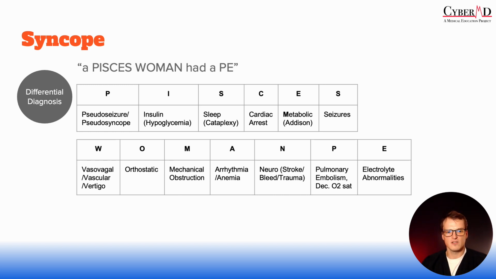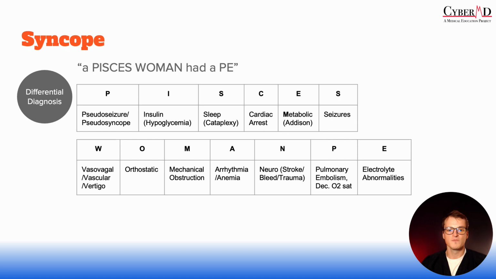We talked a lot about that in depth, so I won't go too much into that. But for vascular, remember they can be dehydrated. For vertigo, remember they're going to be talking about how the room is spinning. Those all have various managements and various ways of securing the diagnosis that you can look up outside of this lecture.